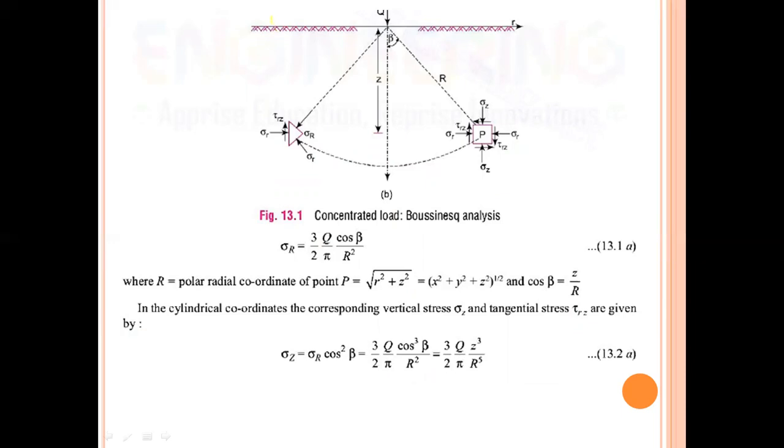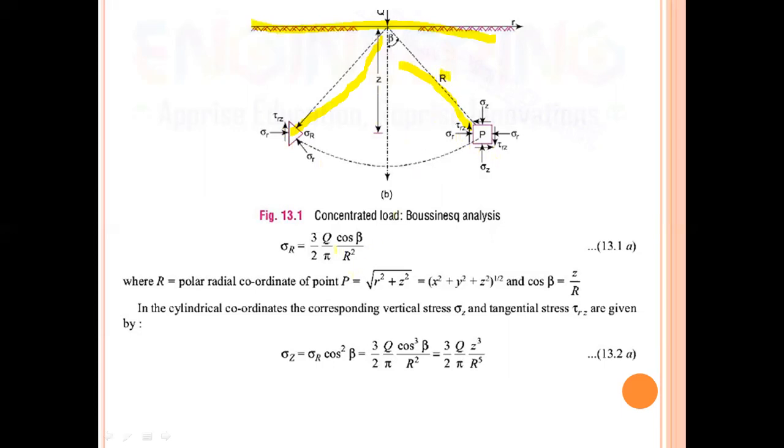So this figure shows the ground surface and the load Q. Here on the left side act sigma R and tau rz, and on the right side at point P act the stresses sigma z and tau, and the height is z and the radius is r.